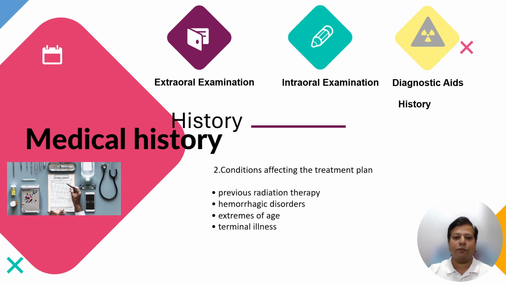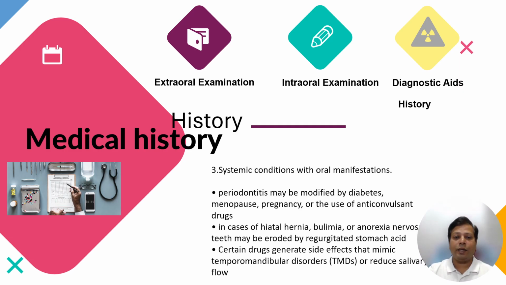The second is conditions affecting the treatment plan, that is any previous history of radiation therapy, any history of hemorrhagic diseases, the extremes of age, that is extremely young age or extreme old age, and terminal illnesses. The third is systemic conditions with oral manifestations.